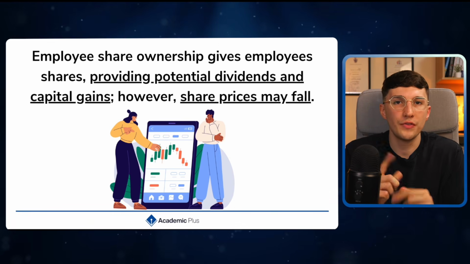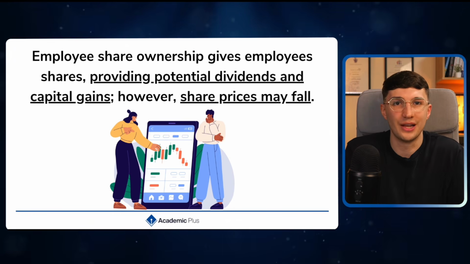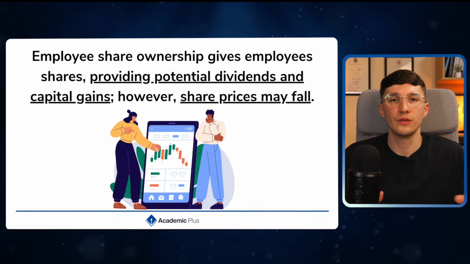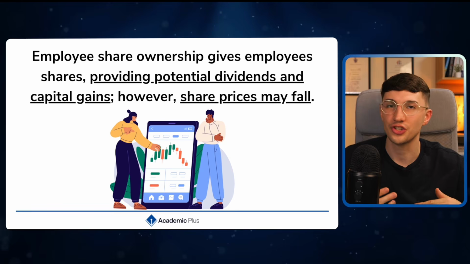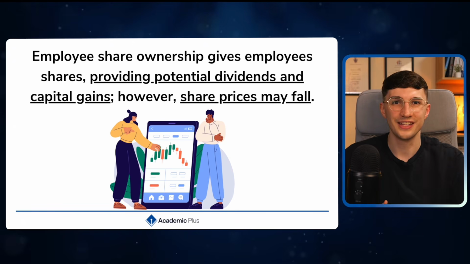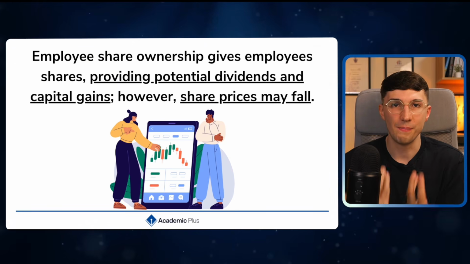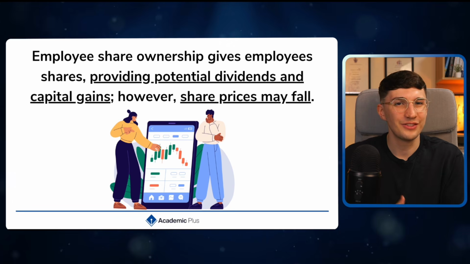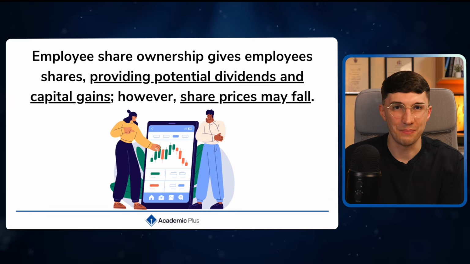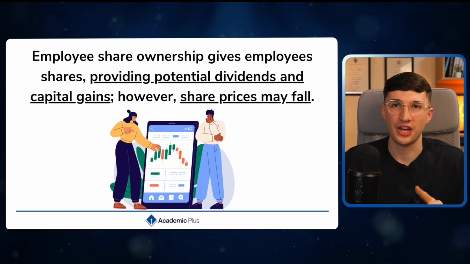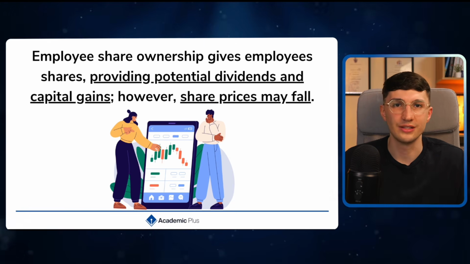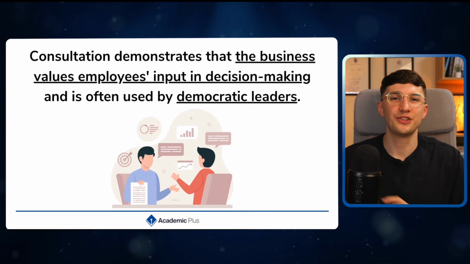Now, the reason why this would hopefully motivate the employee a little bit more is because they've got a sense of ownership in the business. They know for them to get more dividends, for their share price to increase with capital gains, they want the business performing better. So for the business to perform better, they've got to be working better. But the issue with this is, it sounds all good, but we know that share prices can fall at any point.